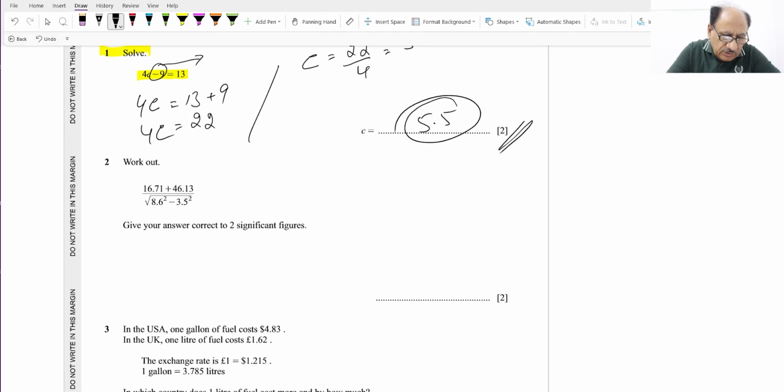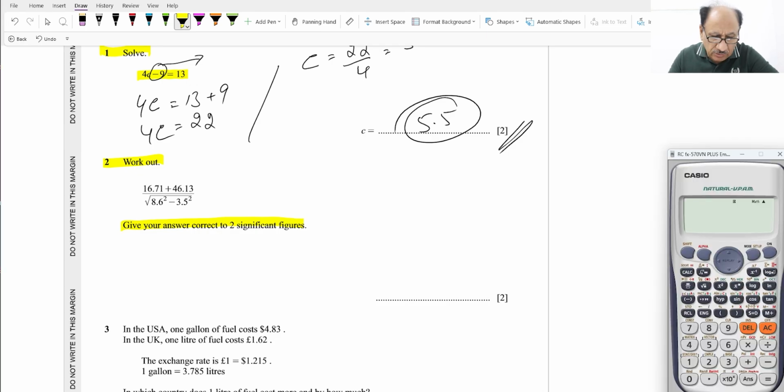Now, question number 2 says work out. This is a calculator usage question. We need to just give the answer correct to two significant figures. So, calculator usage, fraction first: 16.71 plus 46.13, and over this will be the square root of 8.6 squared minus 3.5 squared, and this is giving us the answer 7.994.